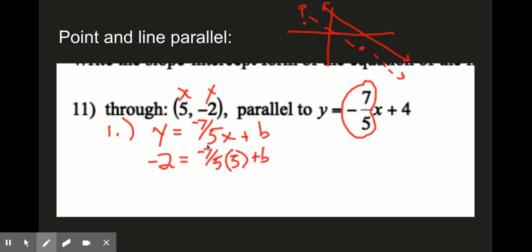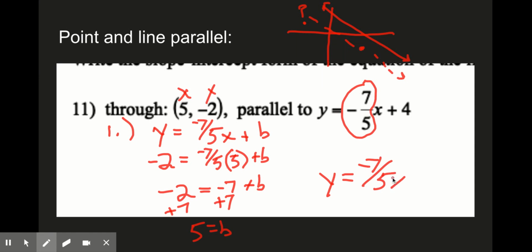Oh, look at that. Negative 7 times 5 is negative 35, divided by 5 is negative 7, so the 5's cancel. Negative 2 equals negative 7 plus b. So 5 equals b. So my final answer, y equals negative 7/5 x plus 5.